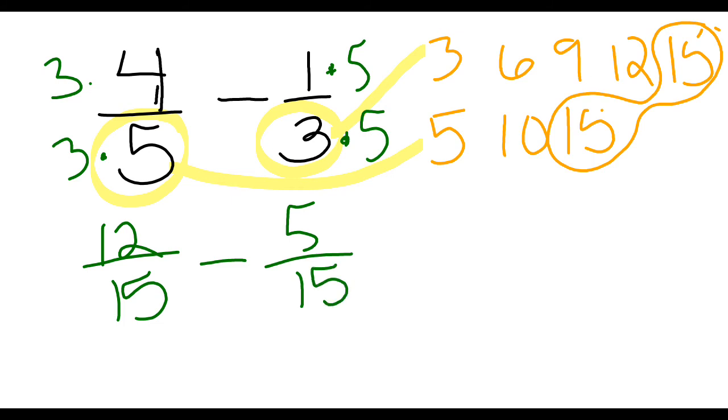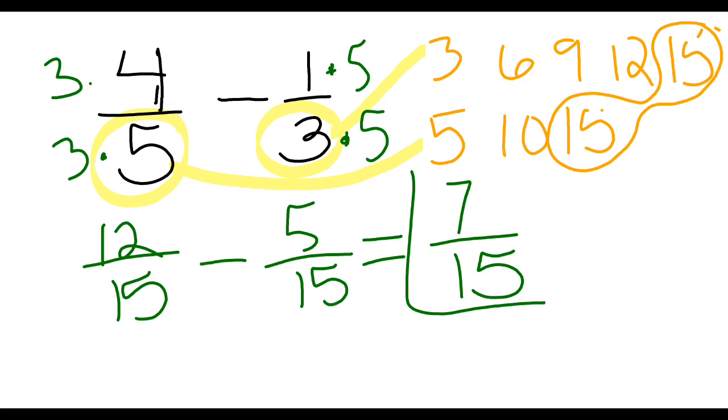Now I'm simply subtracting across the numerators because my denominator is going to stay the same. It's going to be 15. 12 minus 5 is 7. So there's my answer, 7/15. Can 7 and 15 both be divided by anything? Nope. So it is simplified. There's my answer, 7/15.